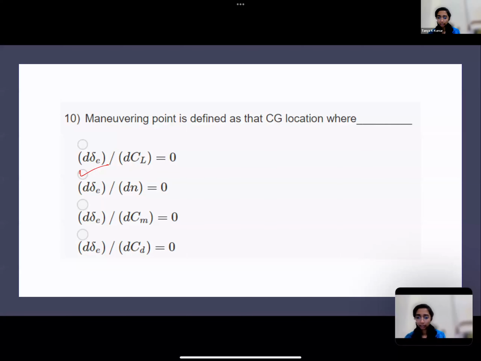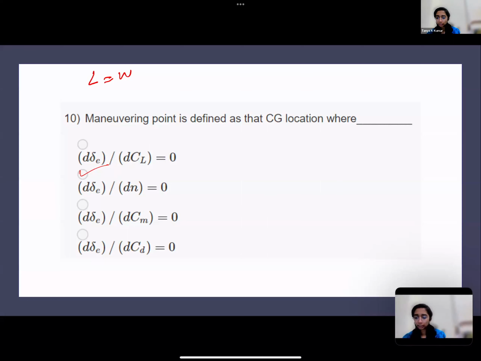What is n? Small n? During trim, you had lift equal to weight. But during a maneuver, what changes? If I am pulling up, say, will lift be equal to weight?